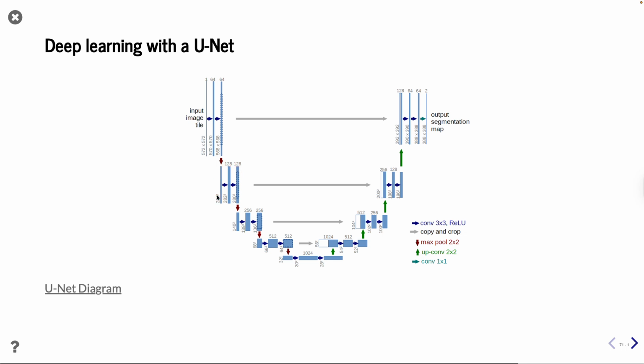So it's actually also working on scales. It does that a couple of times, and then it goes back and upscales, and finally you have the segmented image. I think this was one of the greatest inventions towards segmentation using machine learning. Meanwhile, there are other models, but this one was really a starting point for doing this.